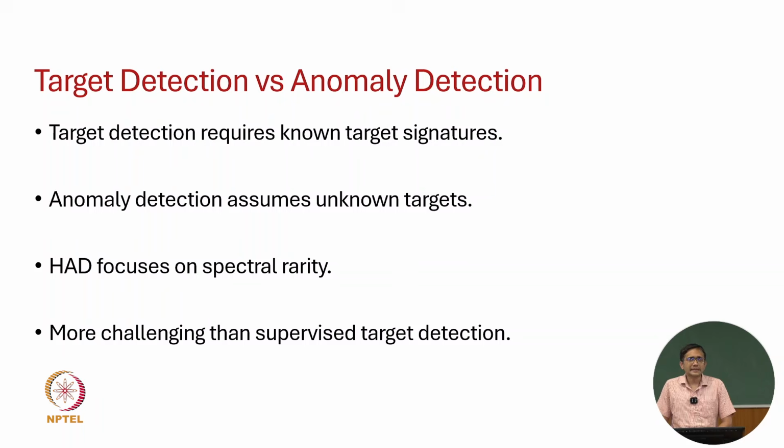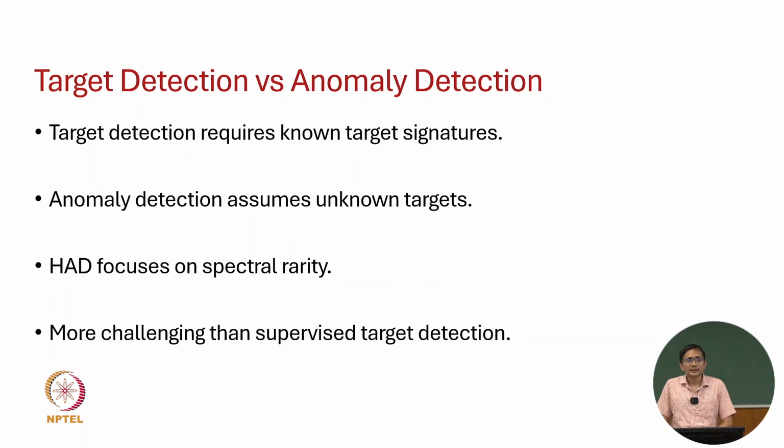We have also discussed briefly in the last lecture how the anomaly detection problem is different from target detection. In the case of target detection, we can assume that we have a given target signature. However, that is not the case in anomaly detection. In anomaly detection, our assumption is that we are working with unknown targets.